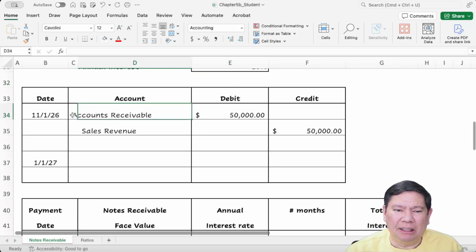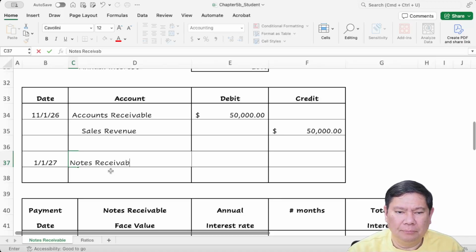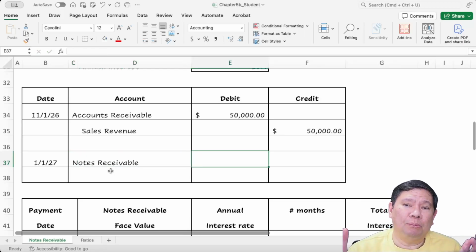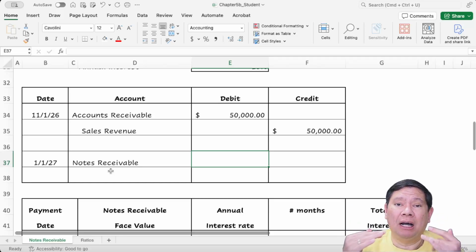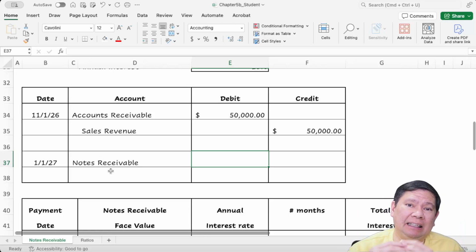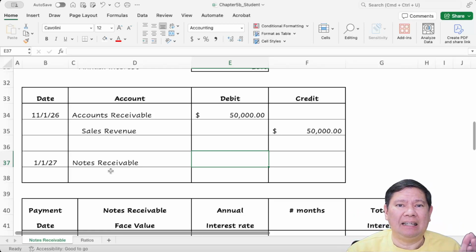So from accounts receivable here, we are going to change it to notes receivable. More formal contract, usually larger amount, usually longer term, it carries interest, and from parties that are not really customers, except for this example when the customer is replacing accounts receivable with notes receivable.